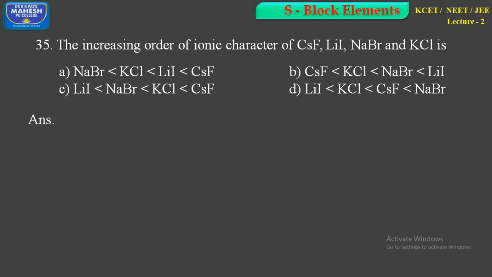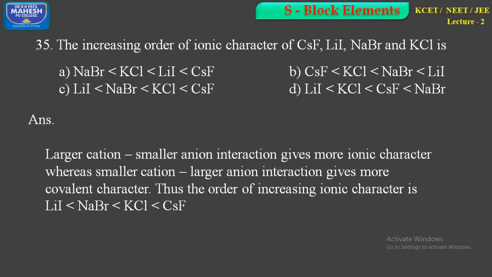Thus, the order of increasing ionic character is lithium iodide with the least value, next sodium bromide, potassium chloride, and highest for cesium fluoride. So students, lithium iodide has got least ionic character, whereas cesium fluoride has got maximum ionic character in the given options. So the right answer is option C.